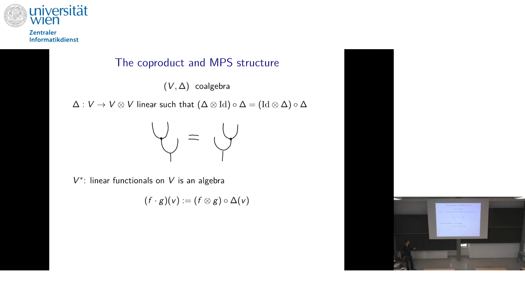I can simply define a product of the linear functionals f and g by f tensor g acting on the coproduct of the element v. You can check that this product is associative; it's simply a consequence of the associativity of the coproduct.